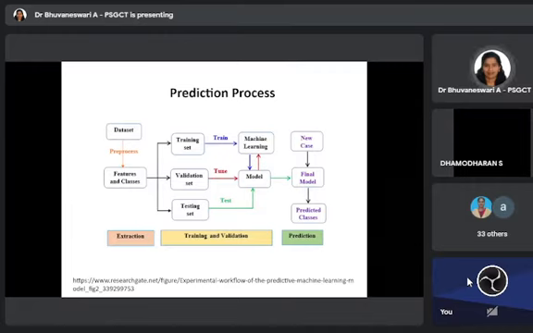Finally, if there are any new cases coming in, the model is applied to derive the prediction. This is the process flow of prediction in any application.